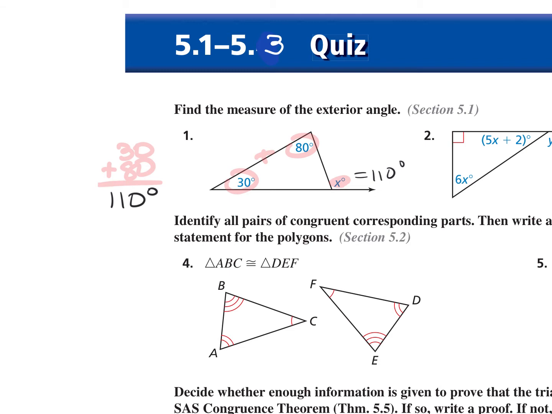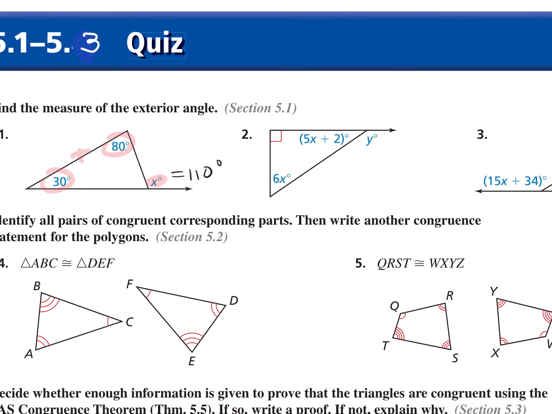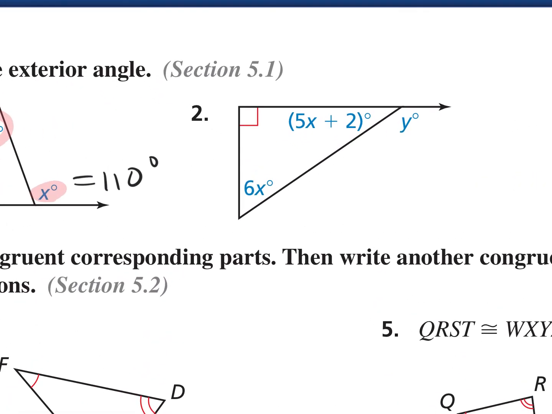Now, for number 2, this has 2 parts to it. It's asking us to find the value of x and y. To find x, I can do this 2 ways. Notice I've got a right triangle. In order to find the value of x, I can either use my triangle sum theorem, or I can use the corollary to the triangle sum, that both acute angles of a right triangle are complementary.